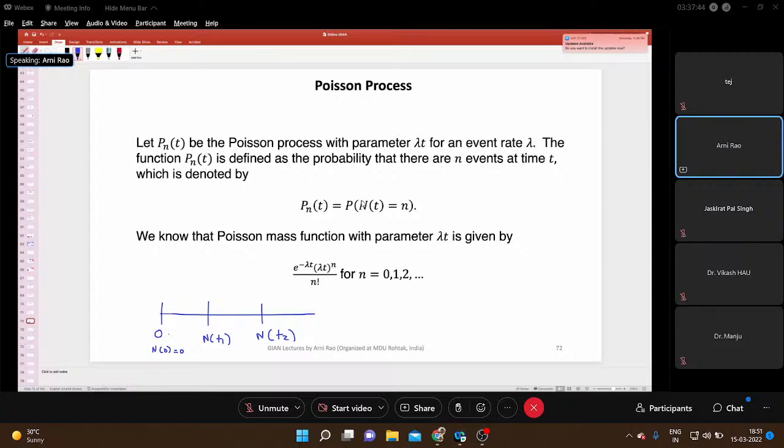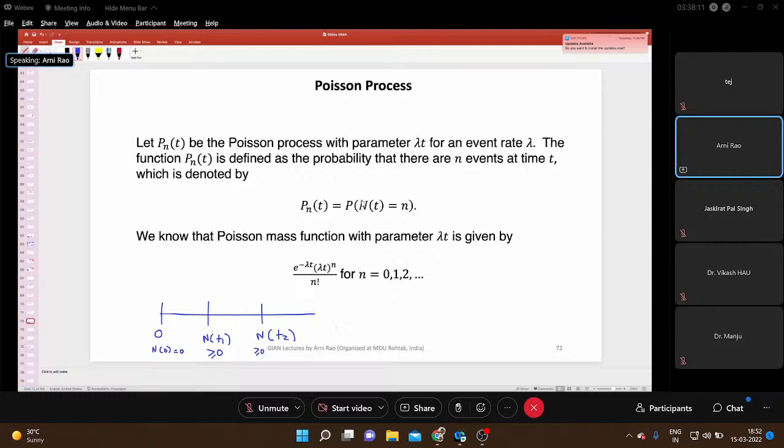Initially no sixers or initially no cars, and then after some time N(t1). If there are still no sixers, N(t1) will still be 0, or N(t1) is more than 0. That's why greater than or equal to 0. And N(t2) similarly, still no sixers up to time t2 from the beginning, is 0 or more than 0.